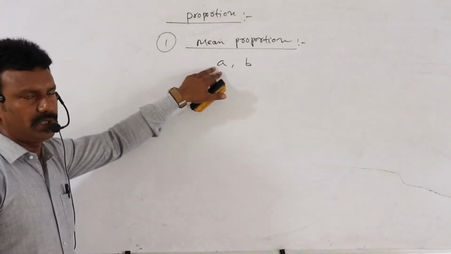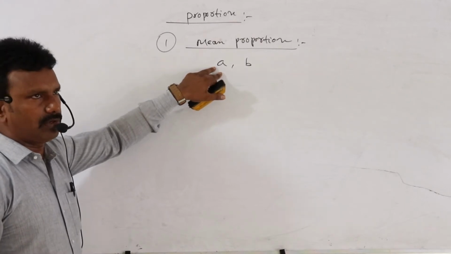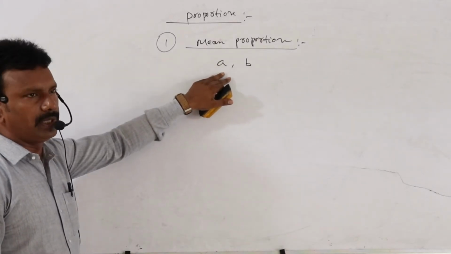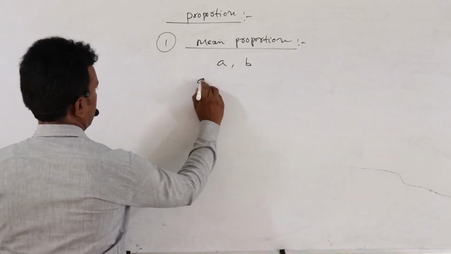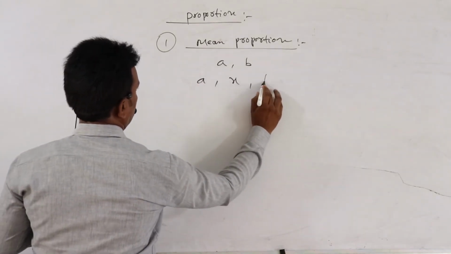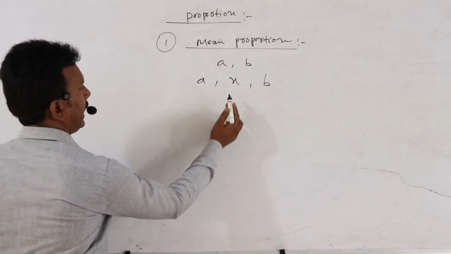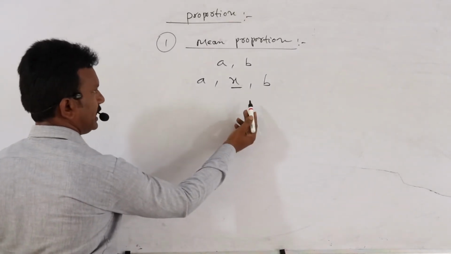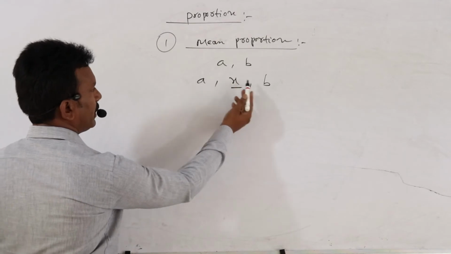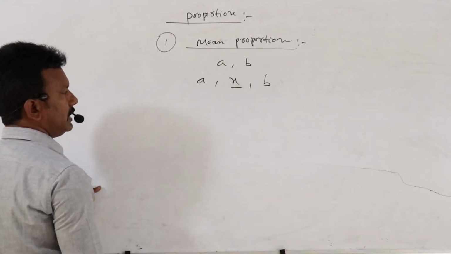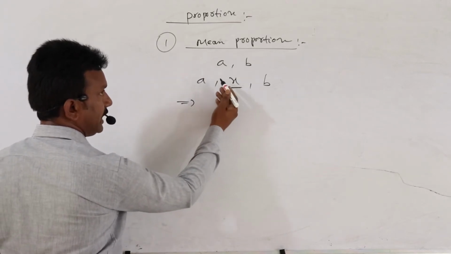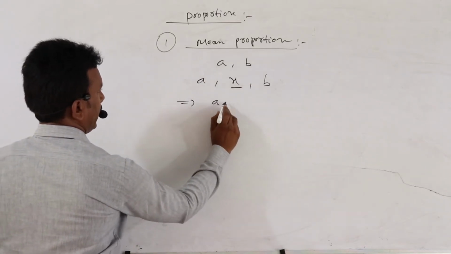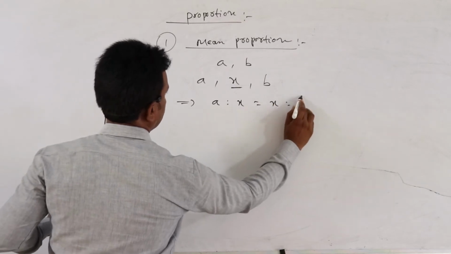What is the mean proportion of A and B? That is our question. In this case we follow a simple condition: A, X, B, where X is our mean proportion. We write the condition for proportionality for these three numbers: A is to X is equal to X is to B.